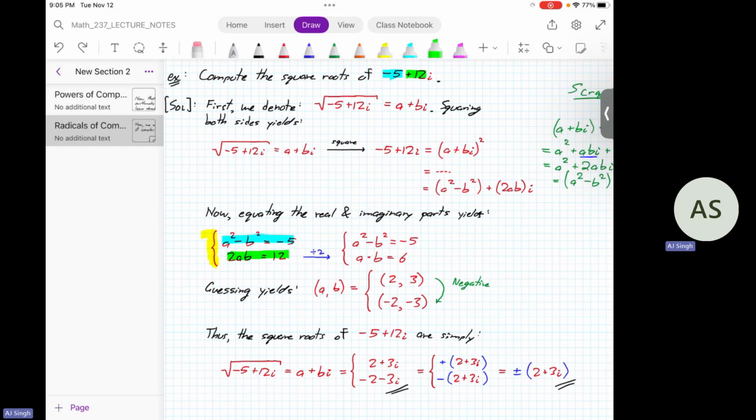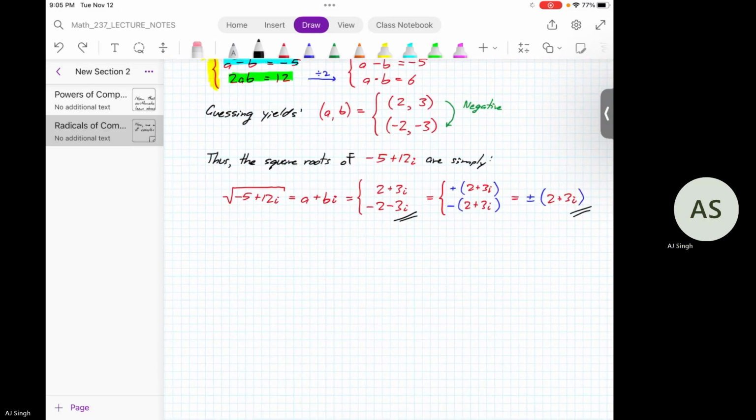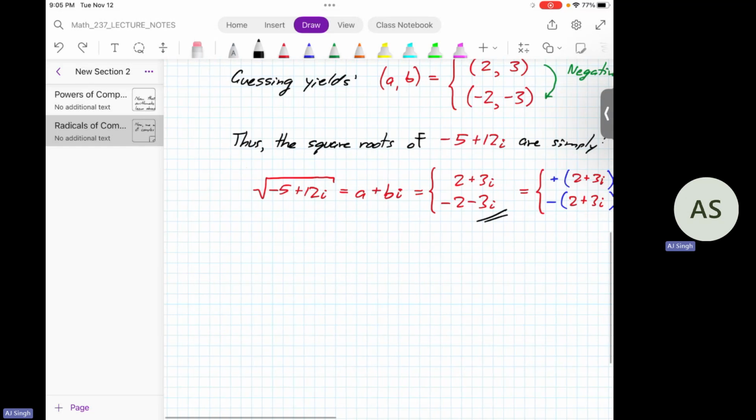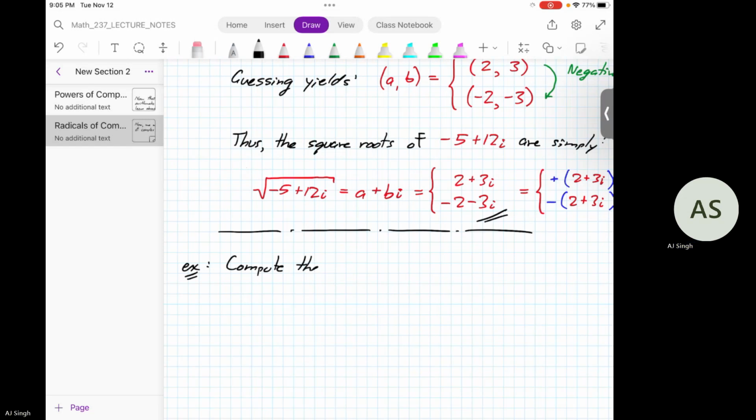Maybe we'll try this one from the exercises in my notes. So why don't you try this one? Example: compute the square roots of, oops, negative 11 minus 60i.